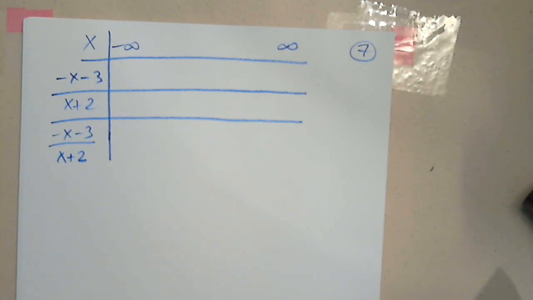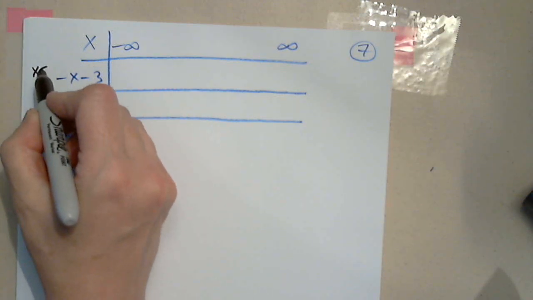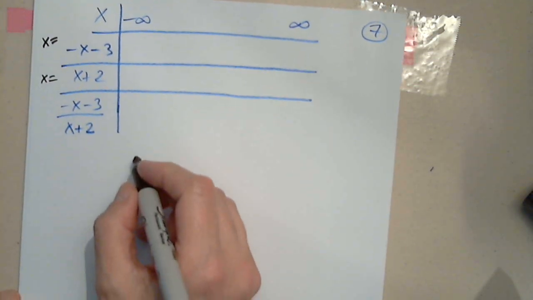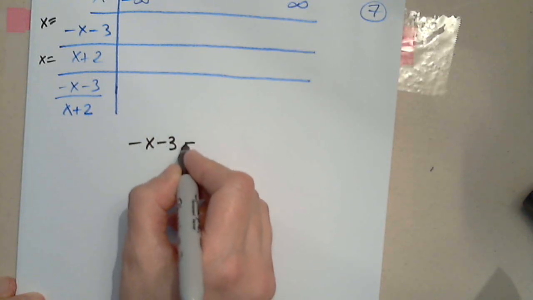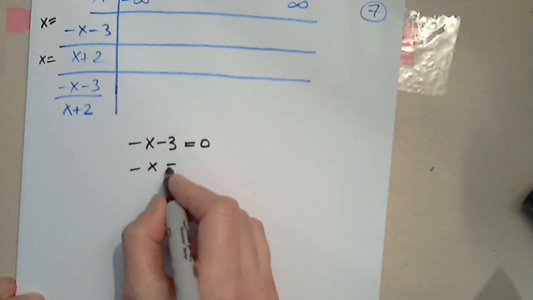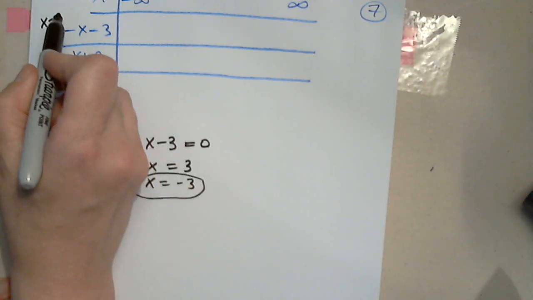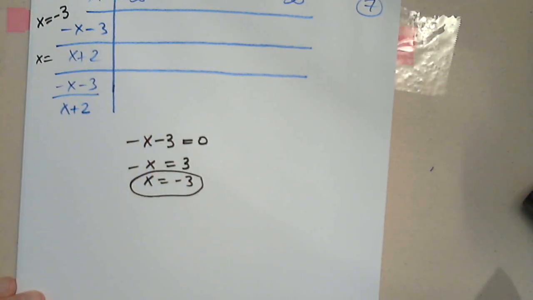I need the same thing. Again, I need to find the x when negative x minus 3 is 0, and then find the x when x plus 2 is 0. So let's do that. Negative x minus 3 equals 0 means negative x equals 3, or x equals negative 3. That's the first answer, the first 0.